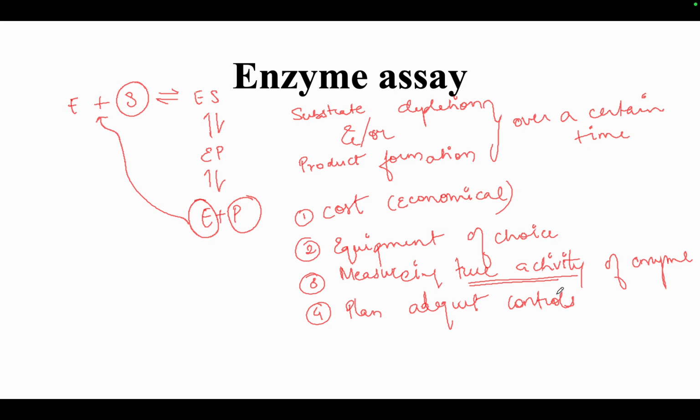So we need to have proper controls, positive control, negative control, and also blanks, which are required. These are the considerations which we need to keep in mind in order to plan any enzyme assay.